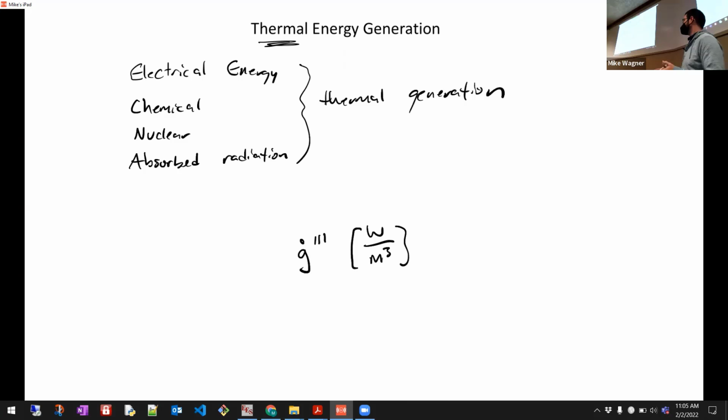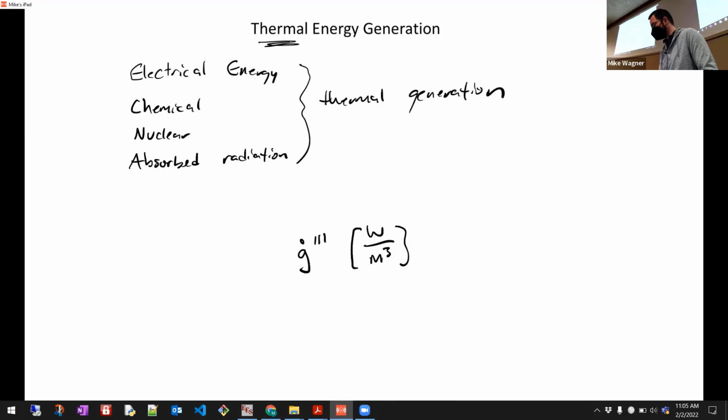If you have an example like nuclear radiation or absorbed radiation, that's typically not uniform. It's happening more at the surface, and as you absorb radiation, the amount that's available further into the body is reduced, and so you get kind of an exponential decrease. So G dot could be a function of x, y, z, or whatever coordinate system you have as well.